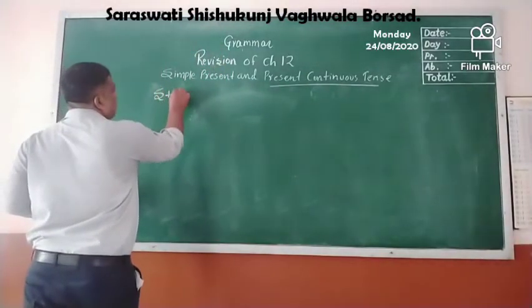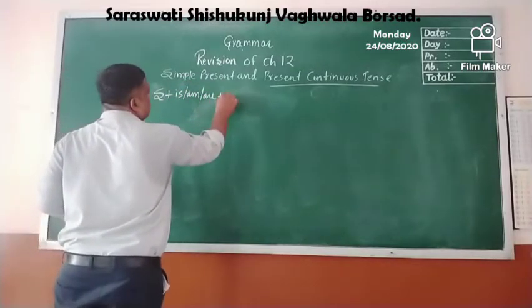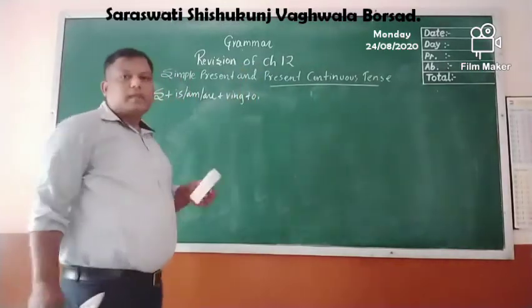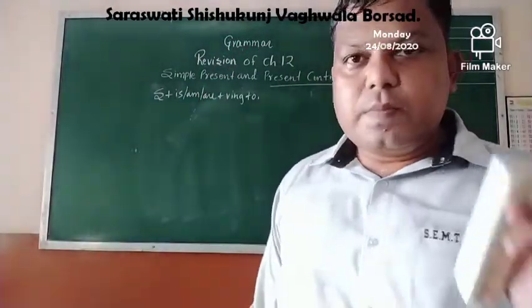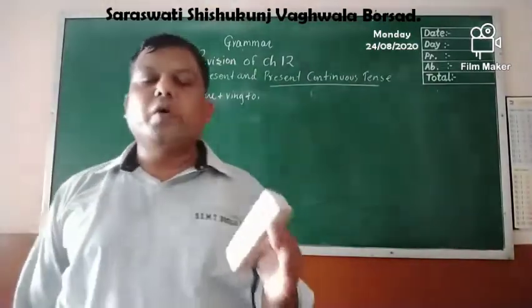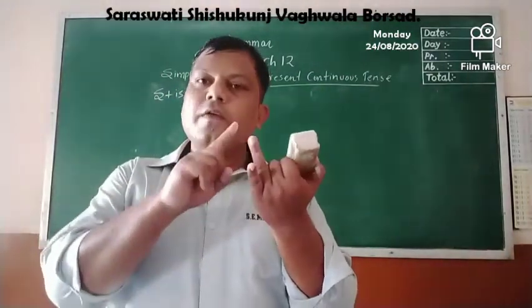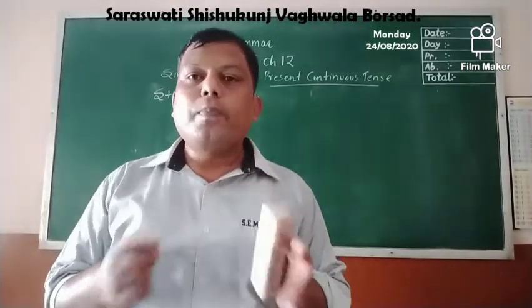Subject plus is or am or are plus verb ing plus object. Understood? When we talk about present continuous tense, we need to keep it in mind. We use am with I: I am. We use are with we, you, they, or plural: books are.